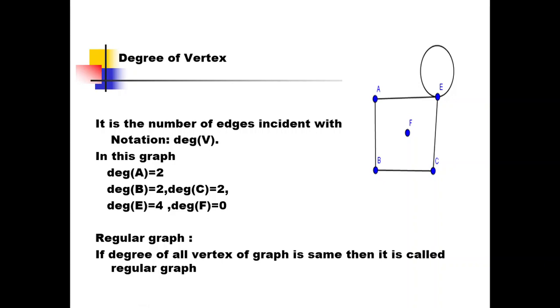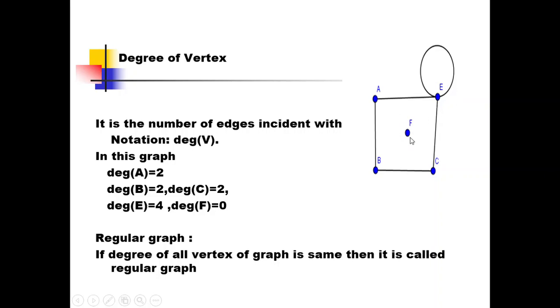Degree of a vertex. It is the number of edges incident with the vertex. Here, there are two edges incident with A, so the degree of A is 2, the degree of B is also 2, and the degree of C is 2, because two edges are incident on each. The degree of E is 4, because there is one loop, and the degree contributed by a loop is 2, and the remaining two edges give the degree of E as 4.